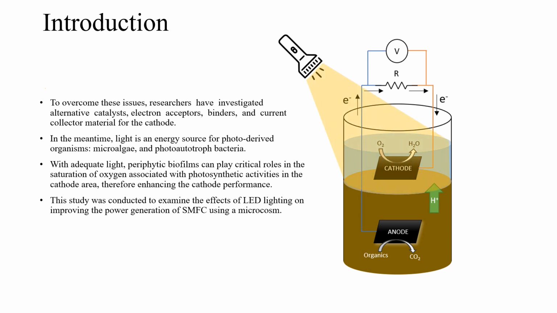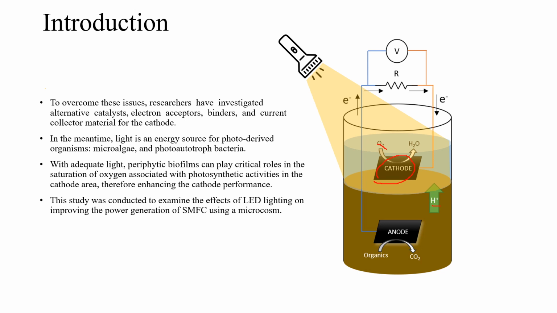So, with adequate light, phototrophic biofilm can play critical roles in the saturation of oxygen associated with photosynthetic activities in the cathode area, therefore enhancing the cathode performance, as we can see here in the picture. So in the cathode, the reaction that happens is combining protons and oxygen to produce H2O.